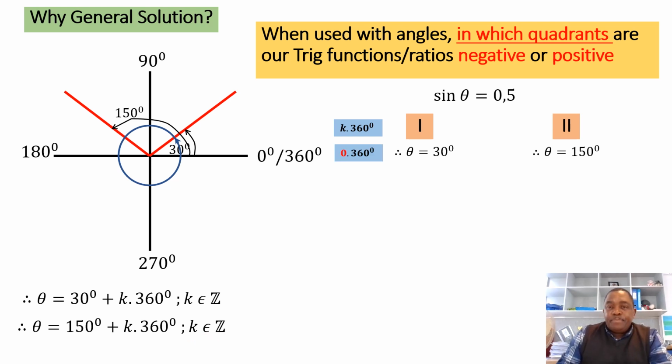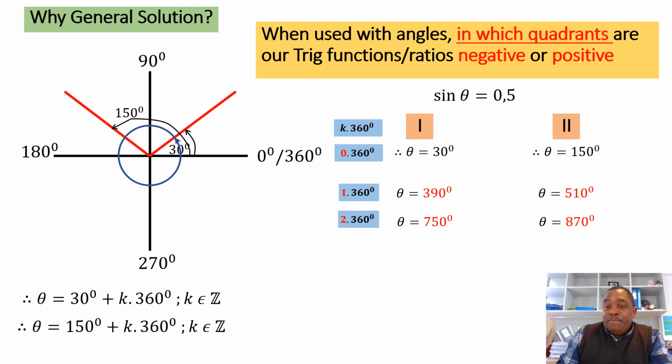If we're still just giving the first 2 solutions, our value for k is 0. There is no revolution that we've completed. As soon as we complete a revolution, new values come up. For instance, in the first quadrant we now hit 390, and in the second quadrant 510. That's just one revolution being added on. If 2 revolutions were added, meaning k is 2, there will be 750 in the first quadrant and 870 in the second quadrant.